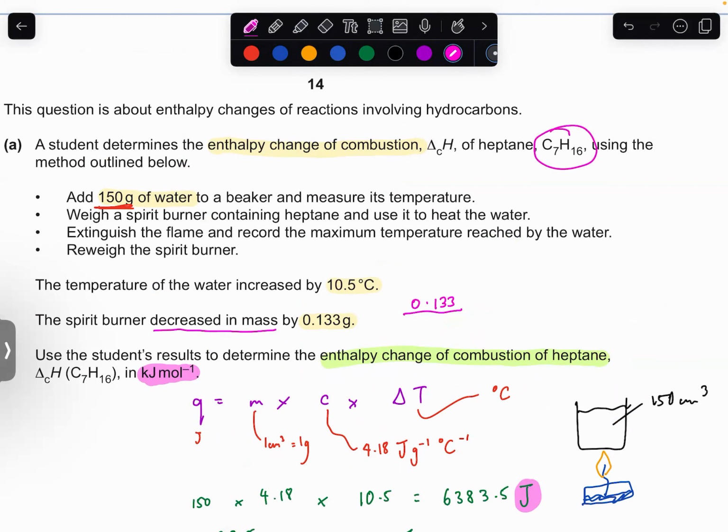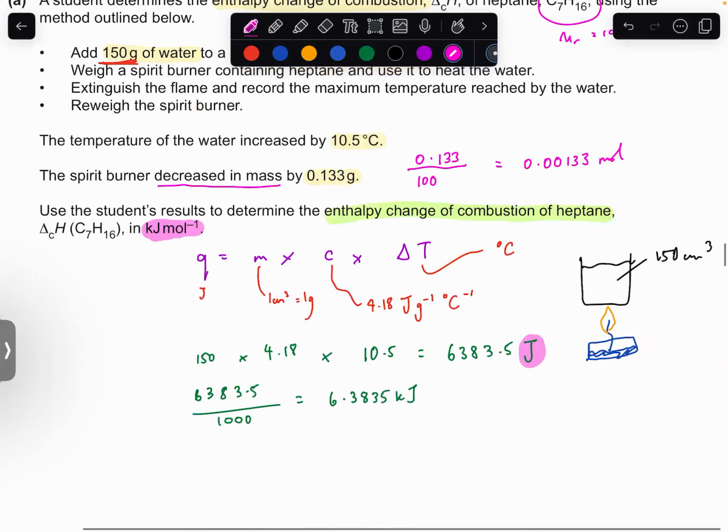What would that be? 7 times 12 plus 16 gives you exactly 100. That's the molar mass. That gives us 0.00133 moles.